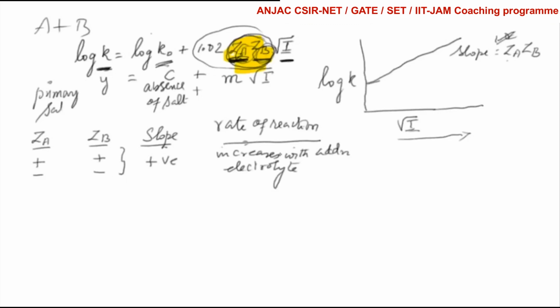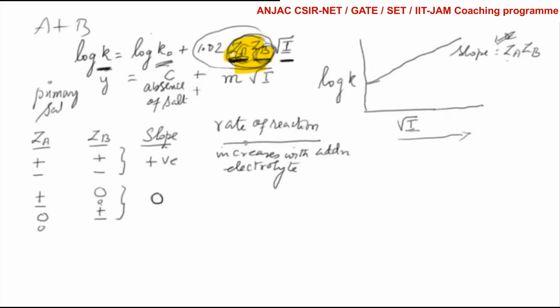This is one possibility. Another possibility: ZA may be a plus charge and ZB has no charge, or ZA is a minus charge and ZB has no charge, or ZA is zero charge and B has a positive charge or a negative charge. In all four cases, if you multiply ZA and ZB, the slope is equal to 0.